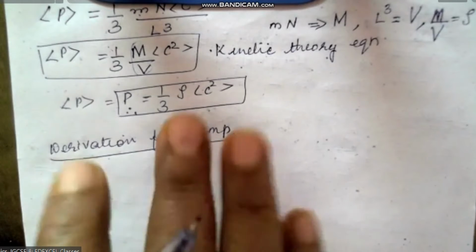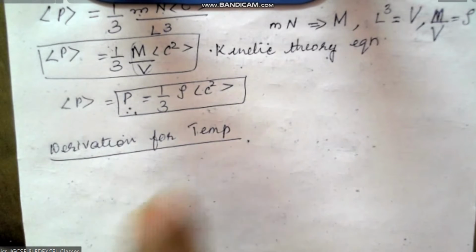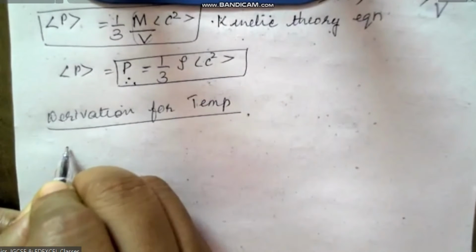Now you stop writing, I will explain. Remember the steps that I am doing, then try to write it on your own soon after my explanation. So now try to memorize this one. Very easy if you follow me. Now what is the kinetic theory equation?